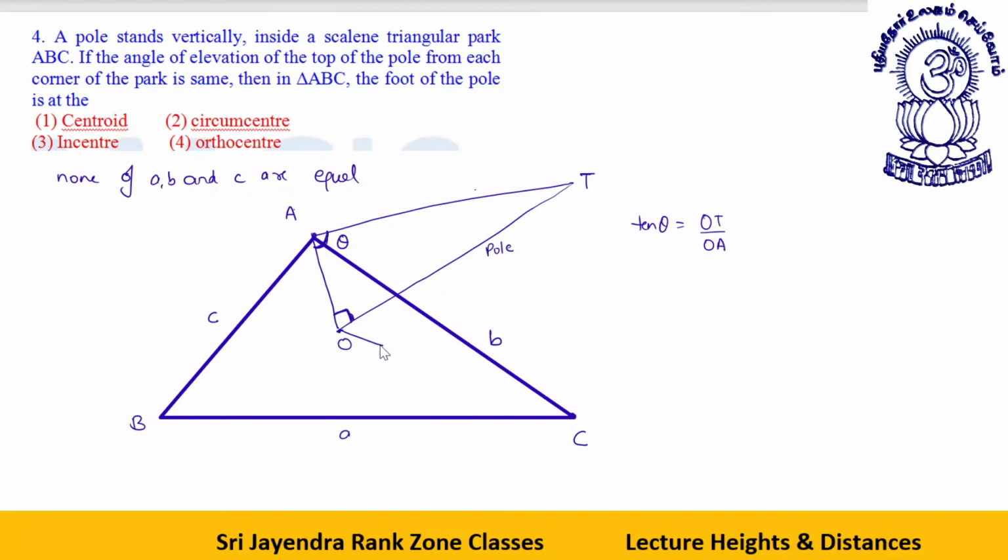See, like this. This is joined to this. This is joined to this. This angle is 90 degree. Fine. And this angle is also theta. Again, tan theta. This angle theta is equal everywhere. Tan theta is OT by OC.